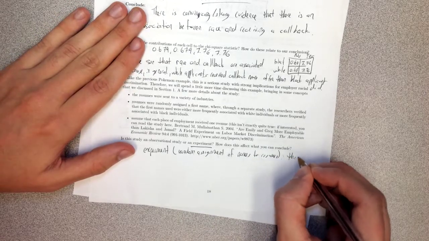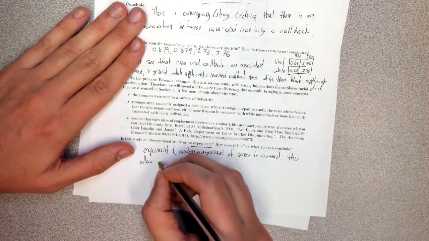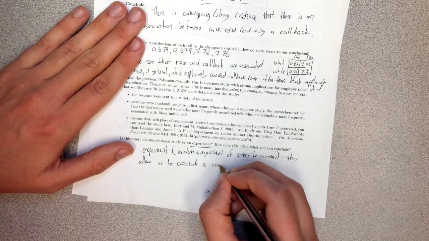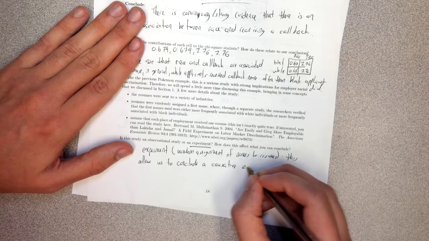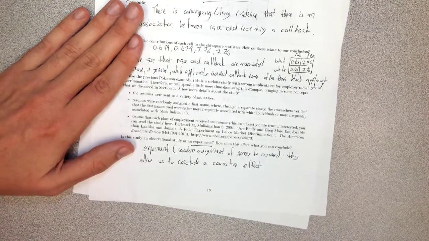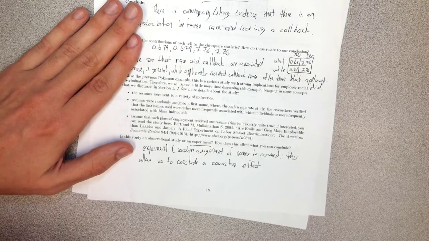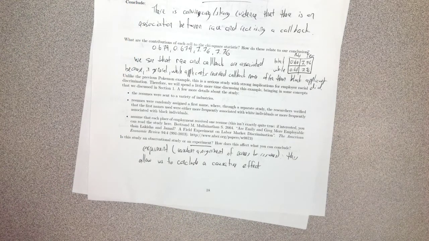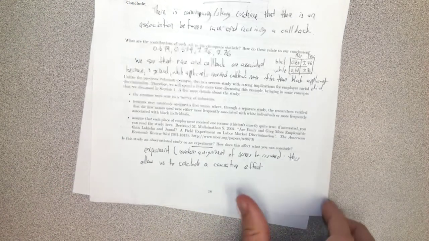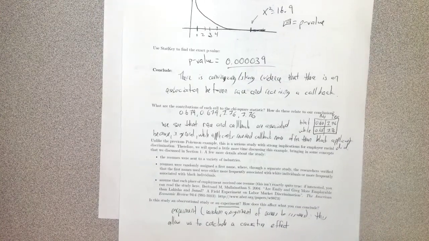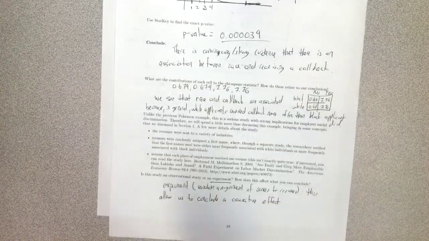And so this does allow us to conclude a causative effect. We can say not just that race and receiving a callback were associated, we can say that race is actually a causative effect of whether or not an applicant receives a callback, which is a much, much stronger conclusion than just saying that the two variables are associated.